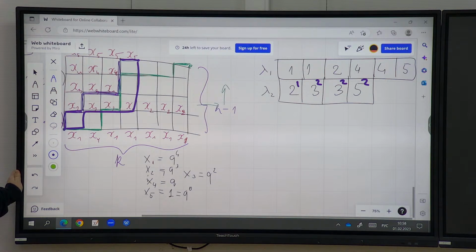So what's the difference between this good path and the bad one? В чем разница? Что может быть, чего не может быть? На языке путей.